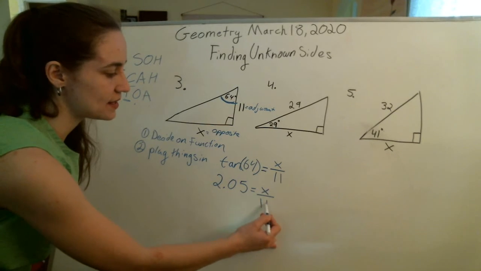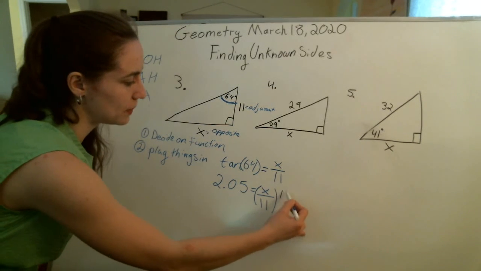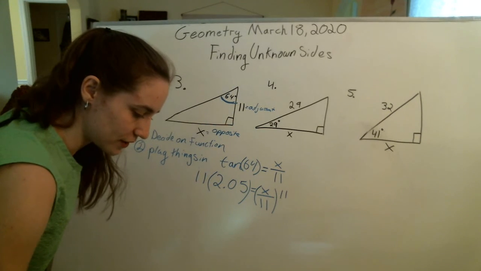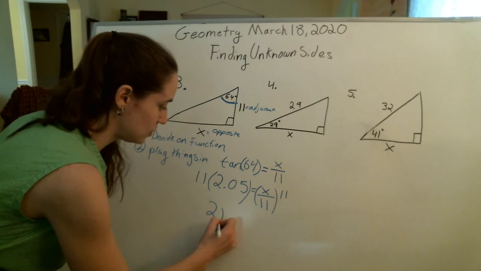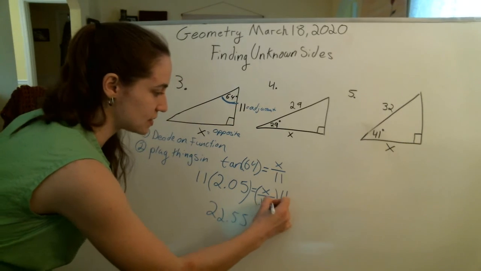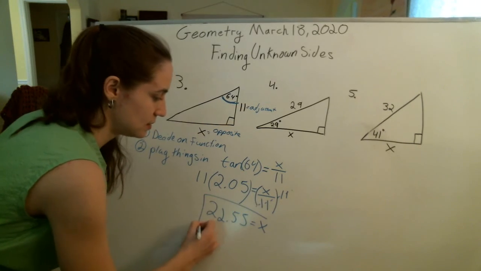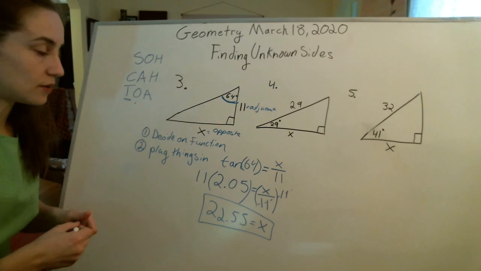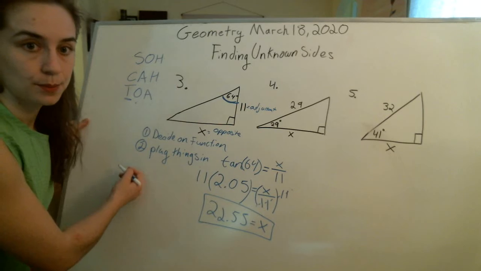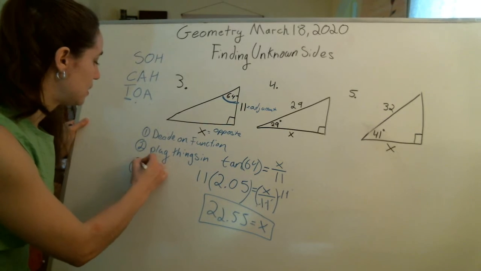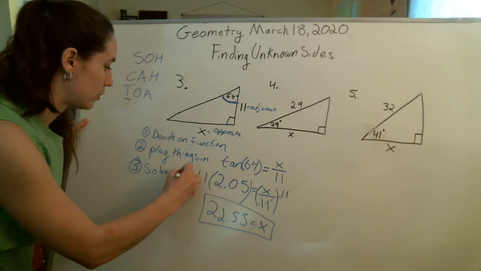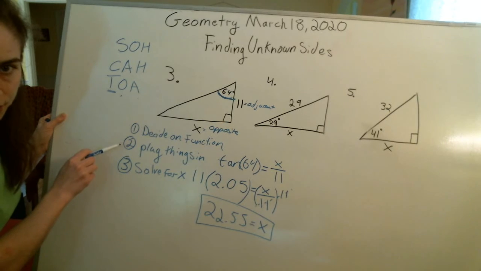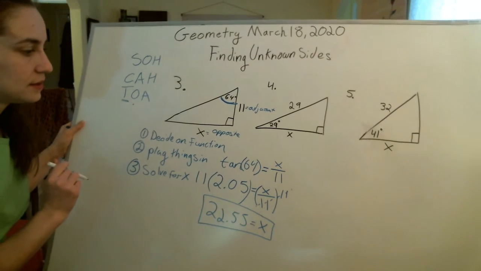This is divided by 11, so I'm going to multiply both sides by 11. 11 times 2.05 is 22.55, and these 11s cancel. That's x, and you're done. It's really not so bad. So we decide on our function, plug things in, and solve for x. Again: decide on function, plug things in, solve for x.